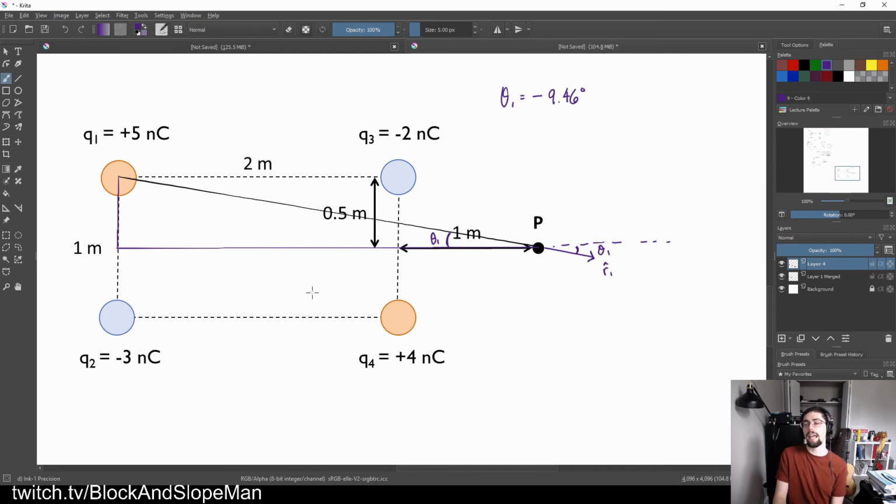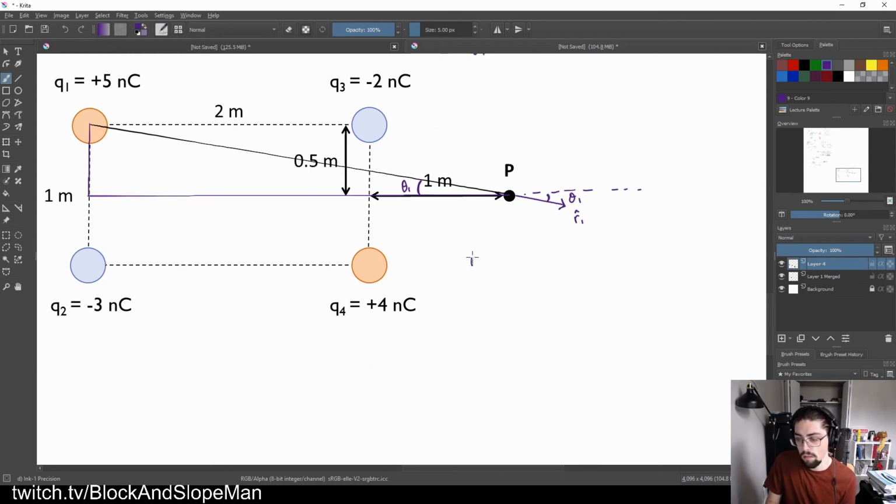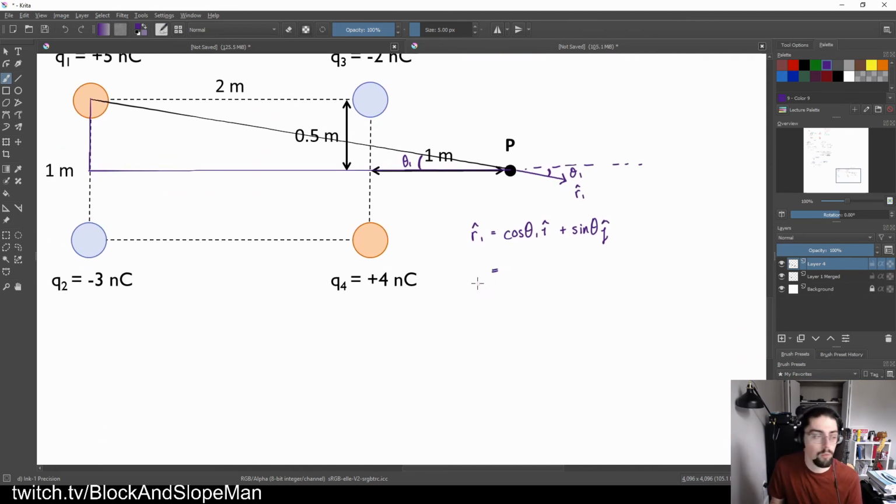So theta 1 is going to be negative 9.46, and that's very useful because we can go to R1 and say, okay, R1 is going to be cosine of theta 1 i hat plus sine of theta 1 j hat, if I plug in these values exactly, right on in, plug in that negative 9.46. We should find the two values being 0.986 i hat, positive, minus 0.164 j hat.